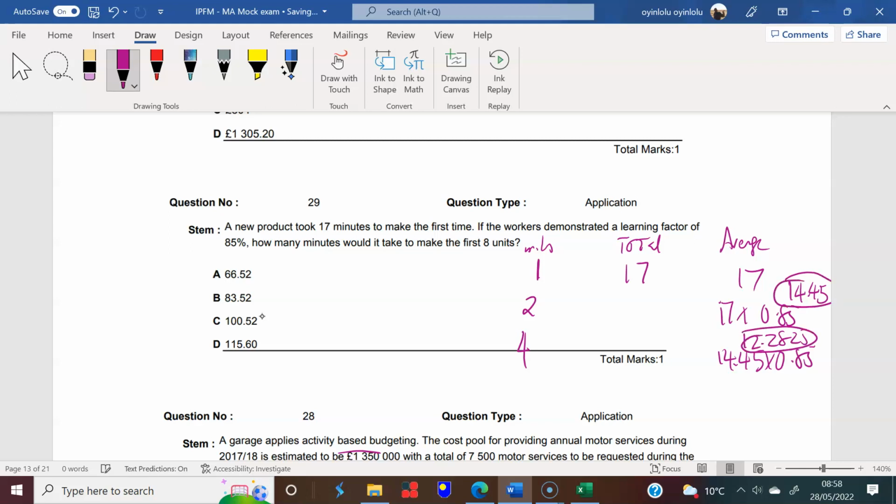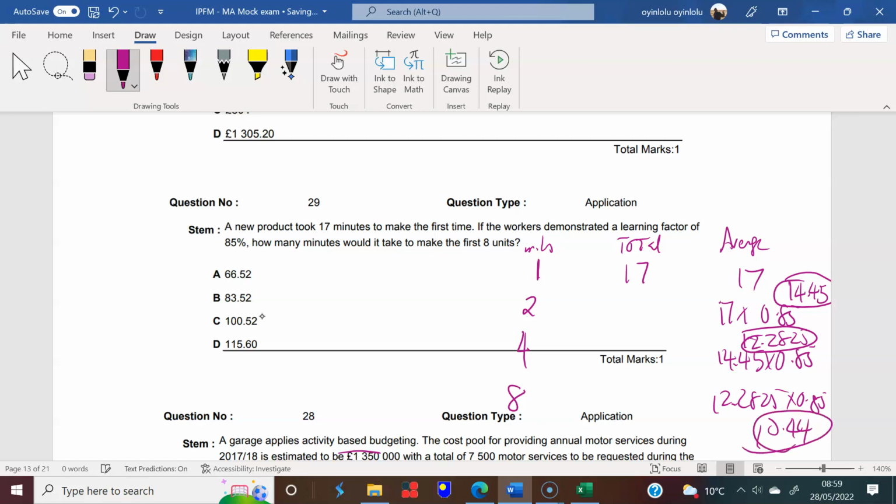These are the numbers I need. When I double again, I have 12.2825 times 85%. So the average time keeps falling to the learning factor times what it was previously. So you now have 12.2825 times 0.85, which is 10.44.